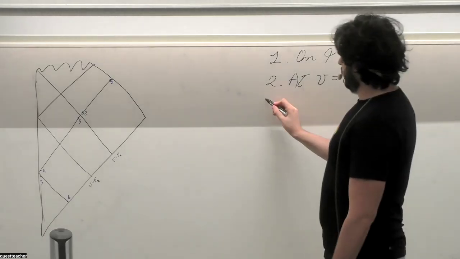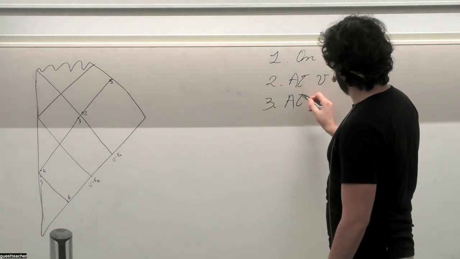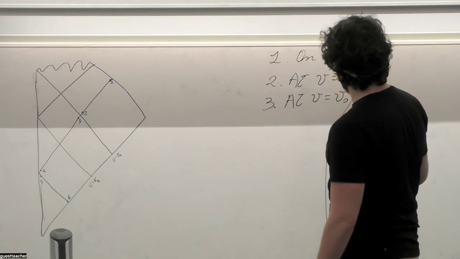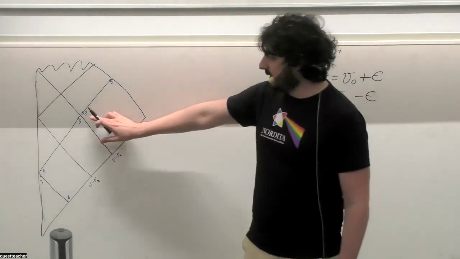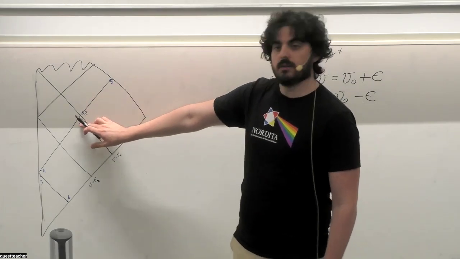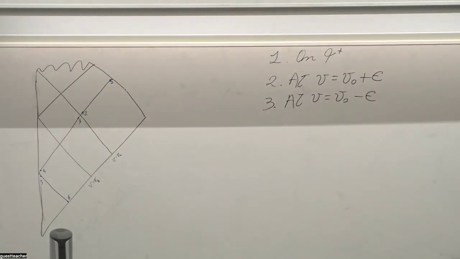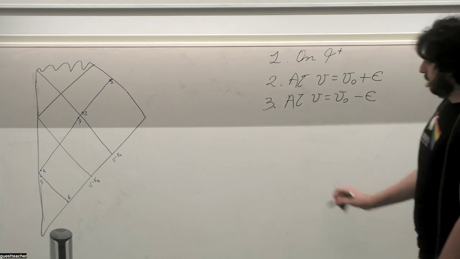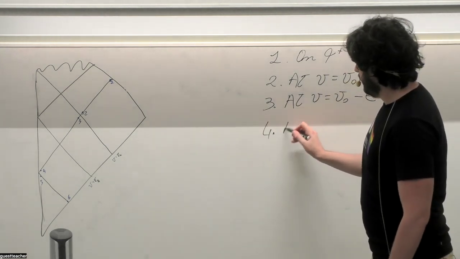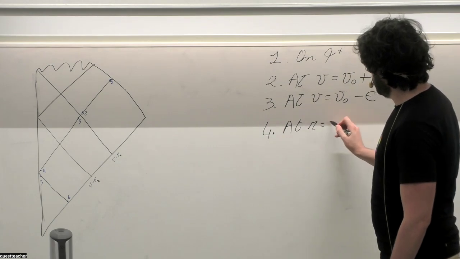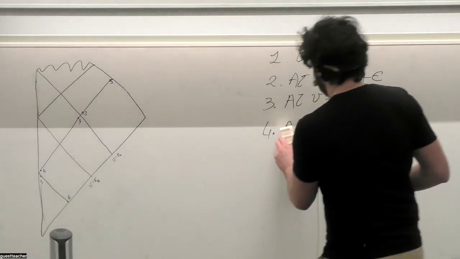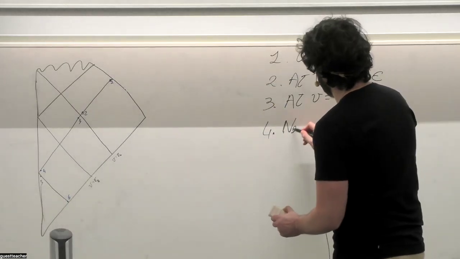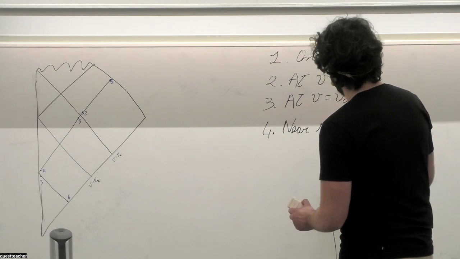Then we need point 3 at v equals v naught minus epsilon. Sorry, 2 is just in the future of the shell, and 3 is just in the past of the shell, not inside and outside. And then we need point 4 near r equals 0, in the future.